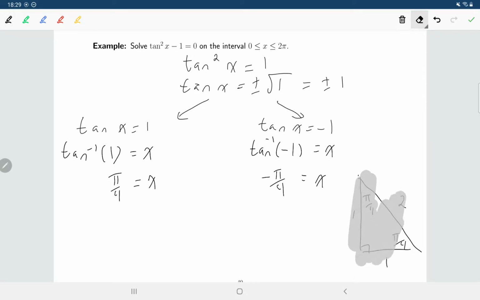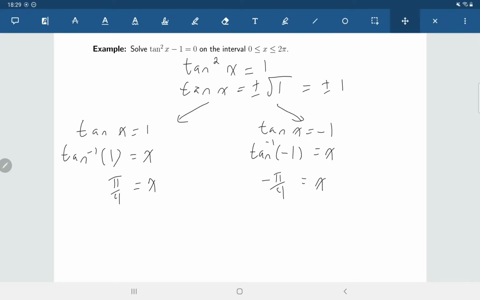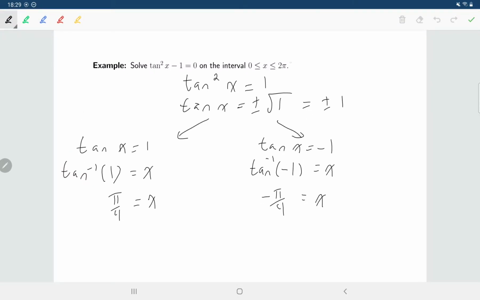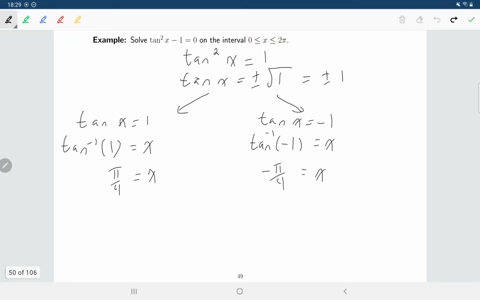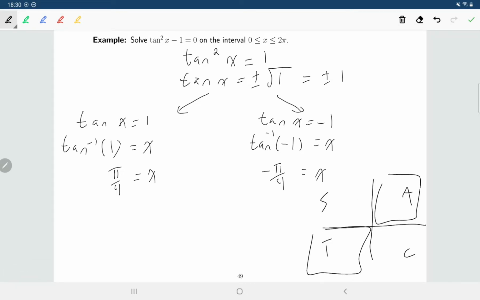Now, again, once we've come up with these values, we're not finished. We still need to think about the interval of solutions that we're looking at and how do our numbers fit into it. We're looking to solve over the interval from 0 to 2 pi, so we're looking at all the values within one full revolution, and we're looking for tangent to be equal to +1 or -1. And we know that there's two quadrants where tangent is positive, quadrants 1 and 3, and there's two quadrants where tangent is negative, quadrants 2 and 4.